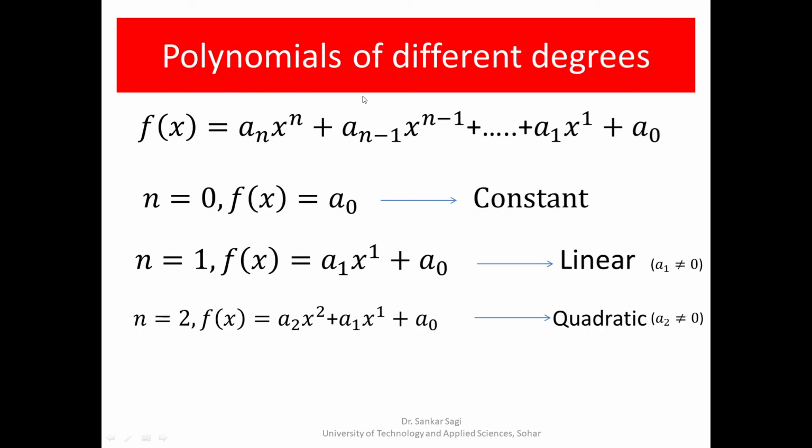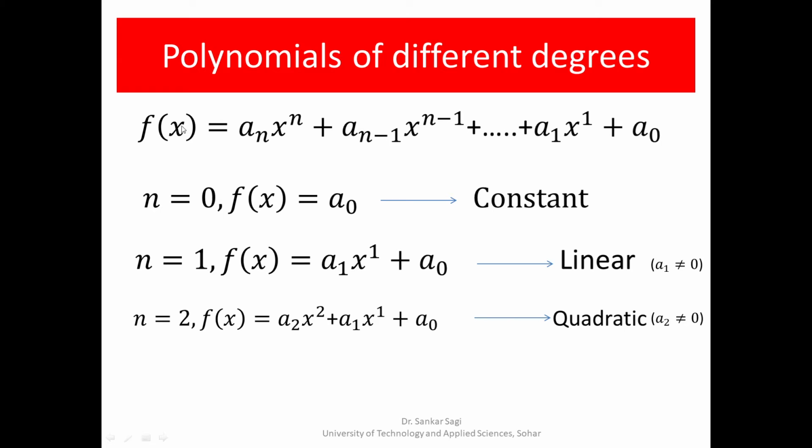So let us look at different types of polynomials. To understand polynomial function, first we start with n equal to 0. I have taken the polynomial of degree n, a_n x^n + a_(n-1) x^(n-1) + and so on + a_1 x^1 + a_0. In this one, if we take n equal to 0, that means the highest power of x is 0. x^0 is 1, and here you will get a_0.